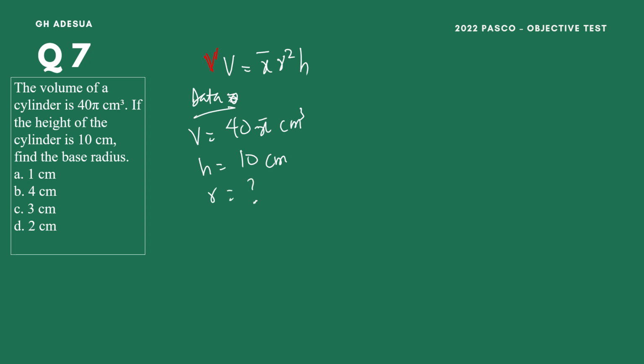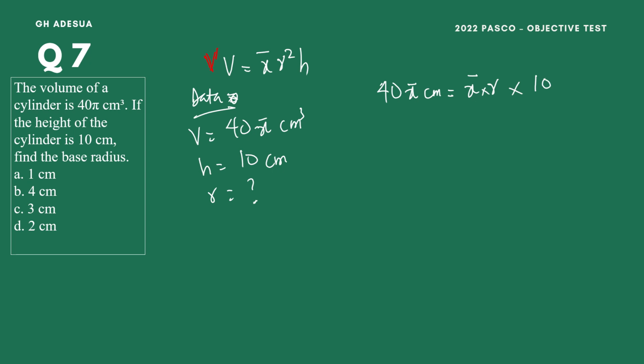So now we substitute the values into the formula. So for the V, which is the volume, it is 40 pi cm cubed. We still have our pi, the radius that we don't know, and then the height, which is 10, so all multiplying by 10.